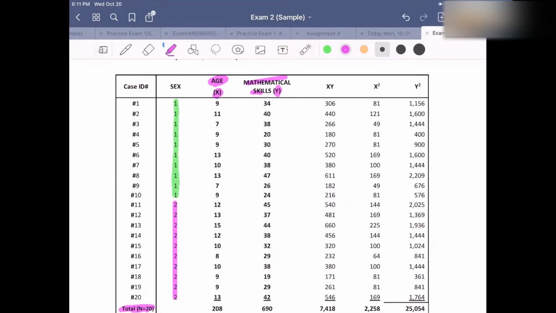And so on. So you can see that on the right side, the X times the Y, which is the age, let's say for the first row, you take 9 times 34, and that's how you got 306, okay? And for the second row, you take 11 times 40, and that's how you got 440.